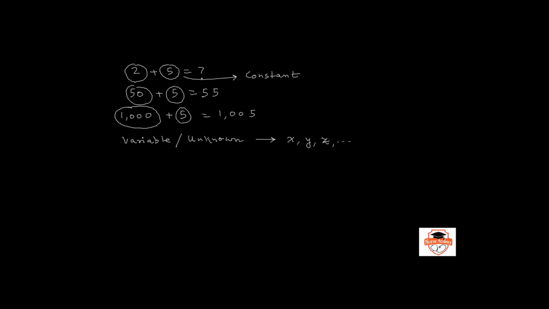So going back to what's the result when 5 is added to my number, if we use X to represent my number, the answer or the sum is X plus 5.